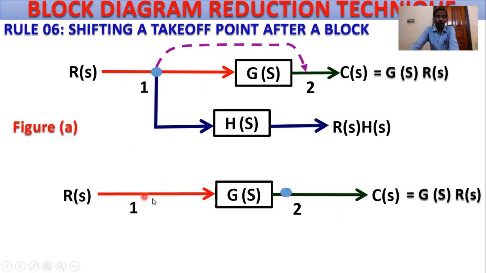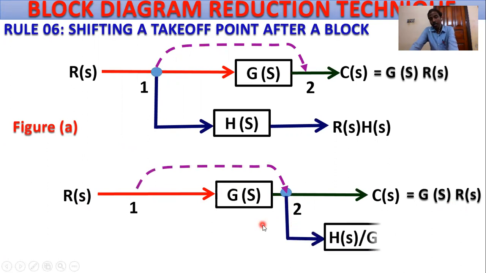When this takeoff point is shifted to position 2, in this case H(s) divided by G(s), because why? Multiplying by 1 by G(s), because this output R(s) into H(s) is also R(s) into H(s).